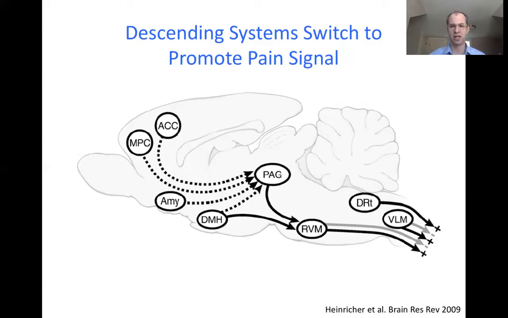However, in the setting of central sensitization, those descending signals that are normally inhibitory can actually become facilitatory, and instead of inhibiting pain signals, promote it.